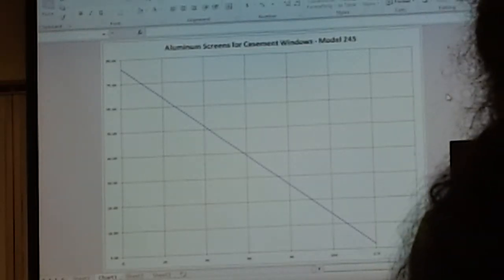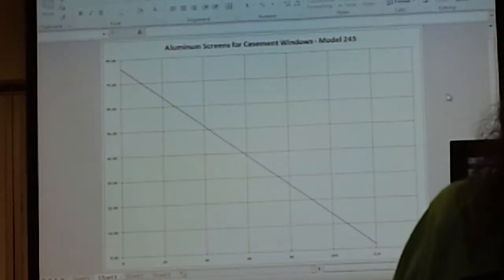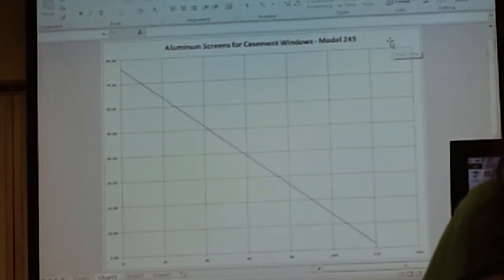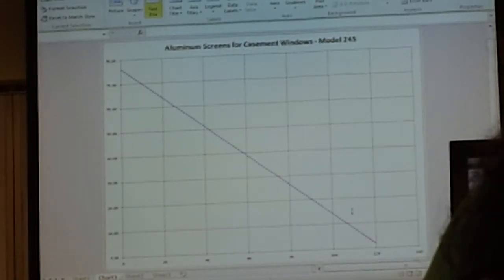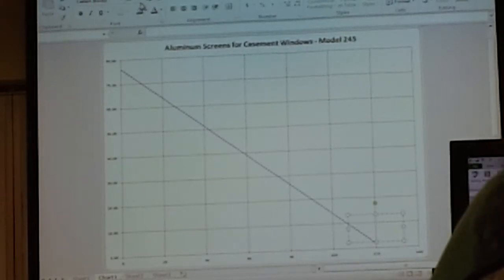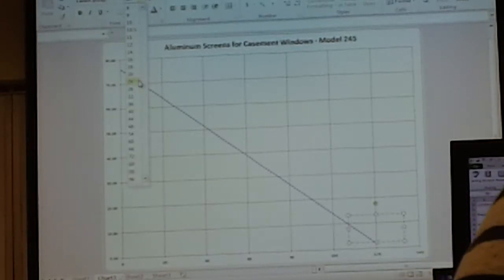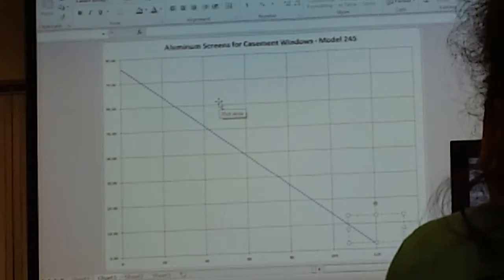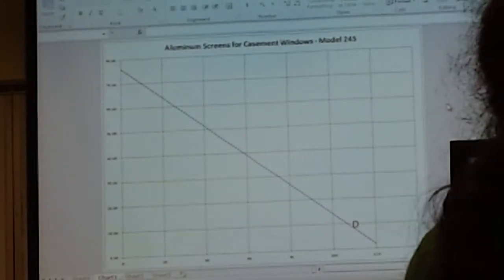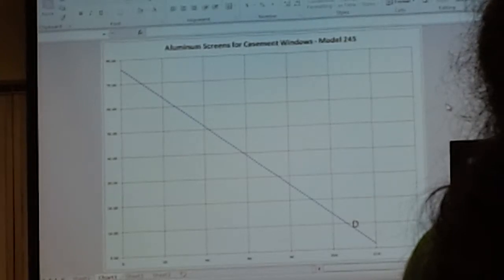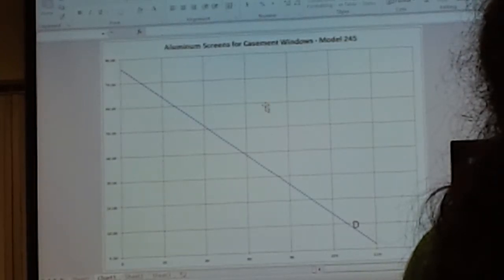Put a D here for demand. Now, let's go to the axes.